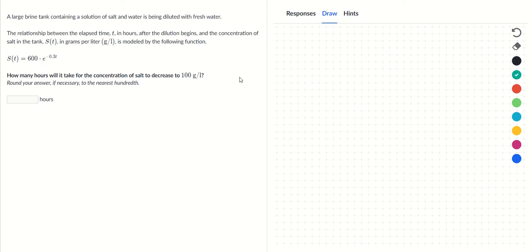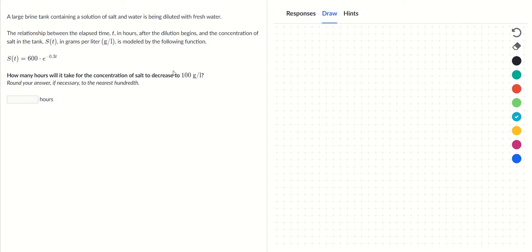Okay, so this problem looks a little bit complicated, but it's really simple. It's asking you how many hours will it take for the concentration of salt to decrease to 100 G divided by L. G means grams, of course, and L means liter, but that's not the focus of this lesson.